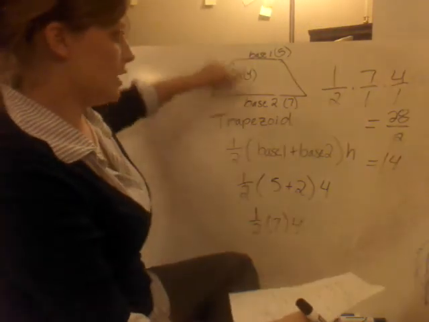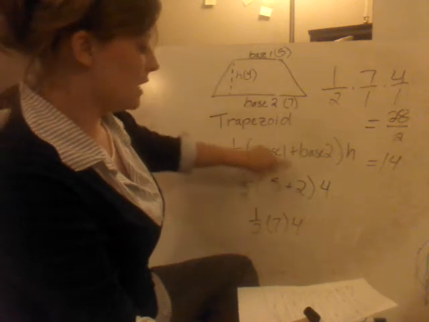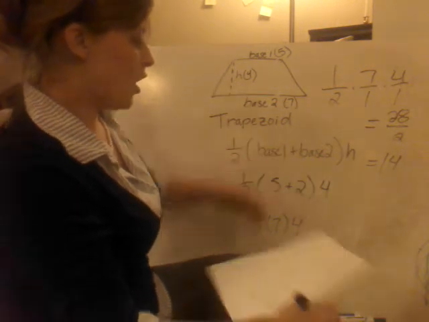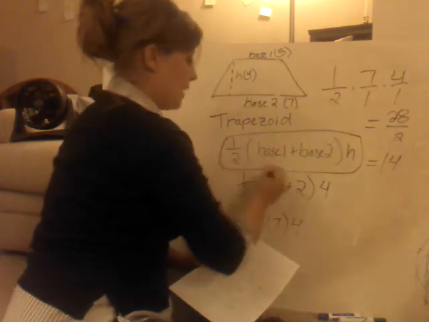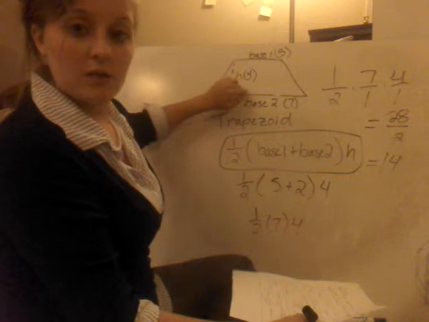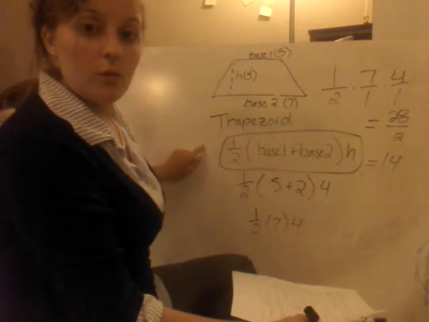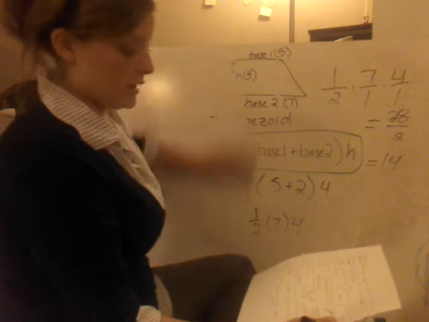So look, all I did was plug in my first base, my second base, and my height. All I had to remember was this formula right here. So once you see the shape that you're looking at, so this is a trapezoid, and you know your formula, you just plug in whatever numbers I give you. Okay, so that's a trapezoid.